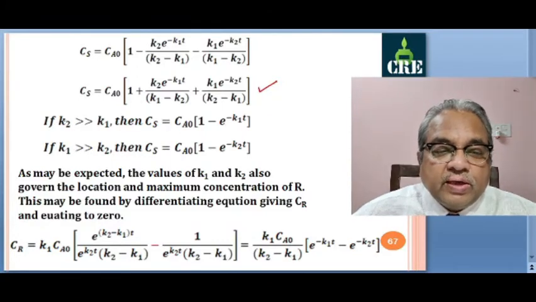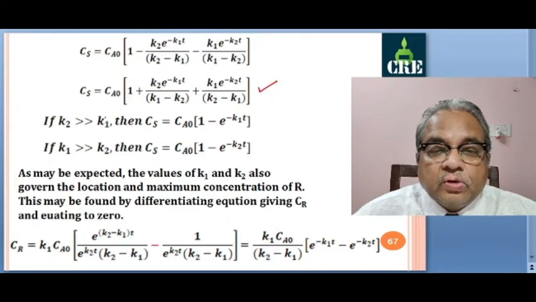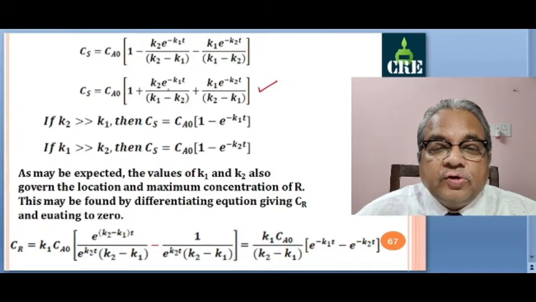If K2 is very high, that means K2 is much greater than K1. So what happens? This e raised to minus K2t, this is having a very high value of K2, so this is negligible, tending to 0 you can say. So this term will vanish, becomes negligible, and you are left with 1 plus K2 into e raised to minus K1t, K1 minus K2.